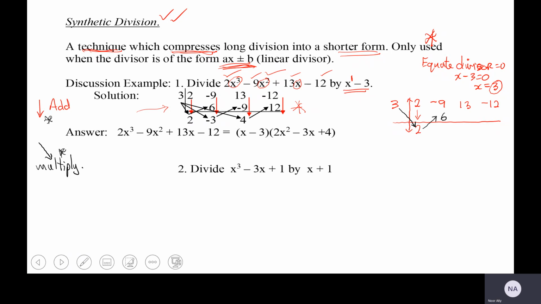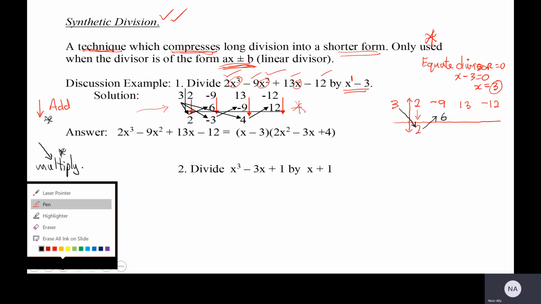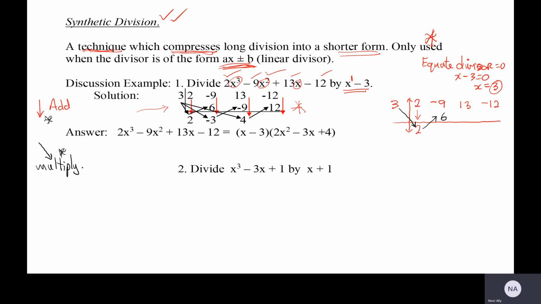And now we simply repeat the process. We add -9 plus 6, that gives -3. What do I do with the -3? Now I'm not going to draw the arrows anymore because they are on the left-hand side for you. 3 times -3 gives you -9. What do you do there?